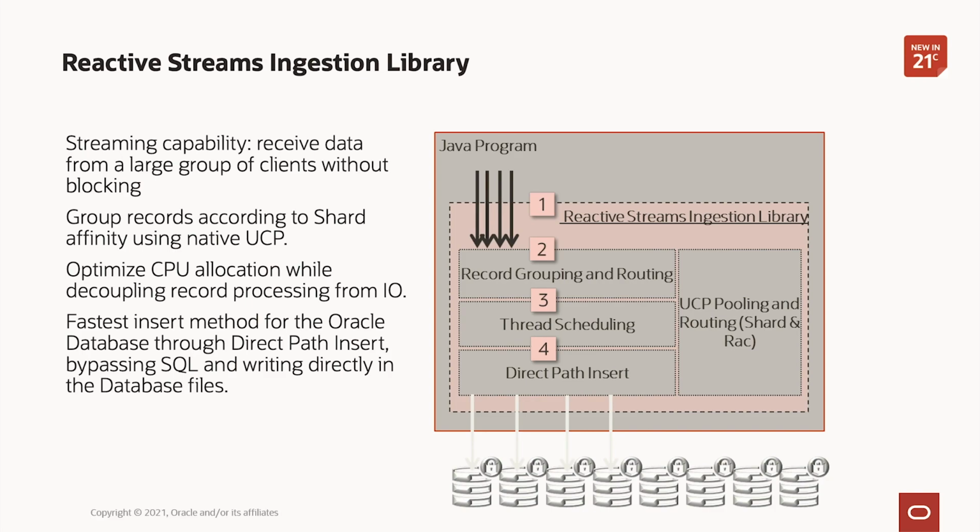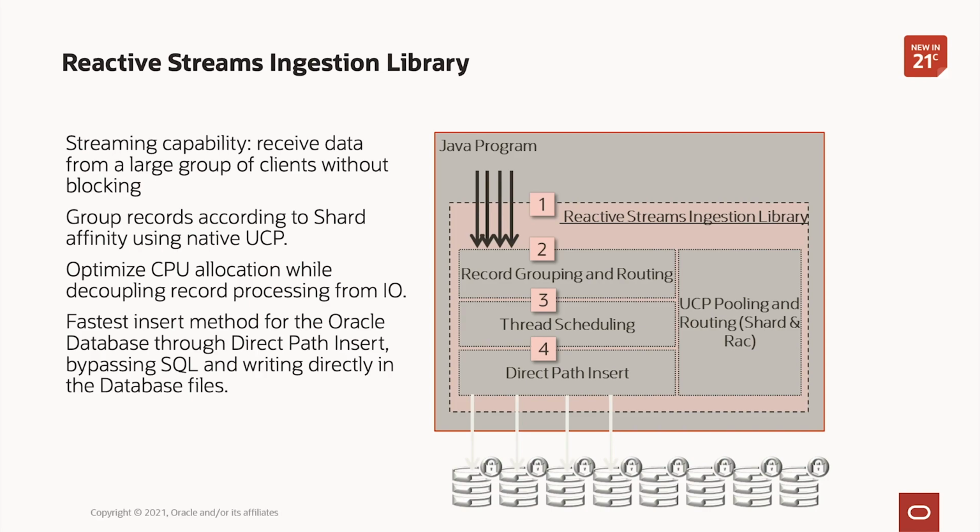The way we do that is by using something called a direct path insert, where we bypass the entire SQL layer and go directly to the block to which the data would eventually belong, and we write the data directly into the block. So it's like bypassing a lot of layers, and hence it increases the performance.